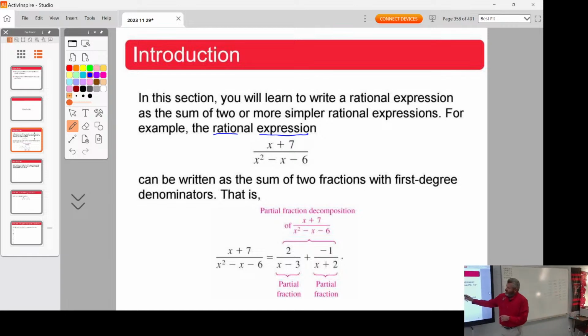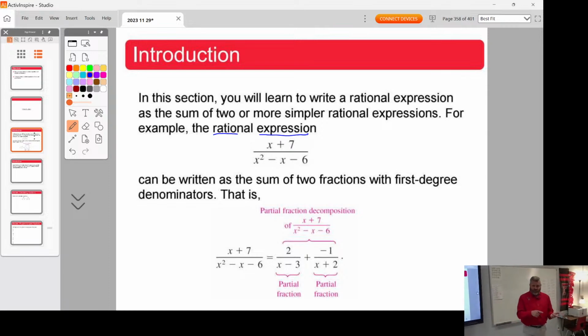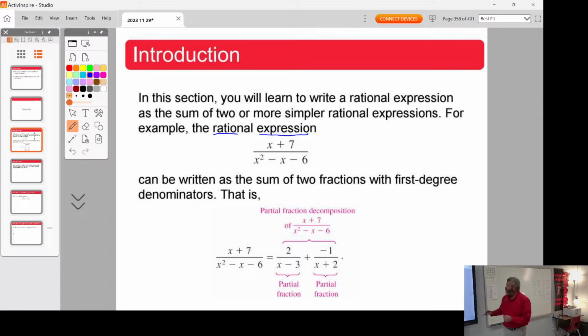How did we turn x plus 7 over x squared minus x minus 6 into this? Each one of these is a partial fraction, because if I add this fraction and this fraction together, I get this fraction. So a partial fraction is a part of a fraction.